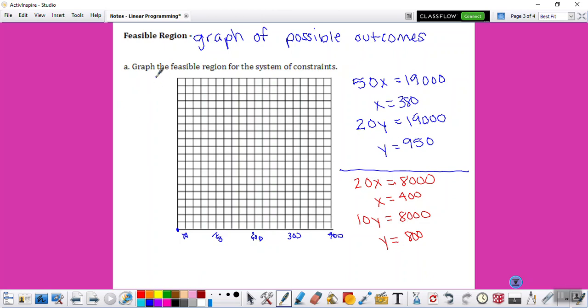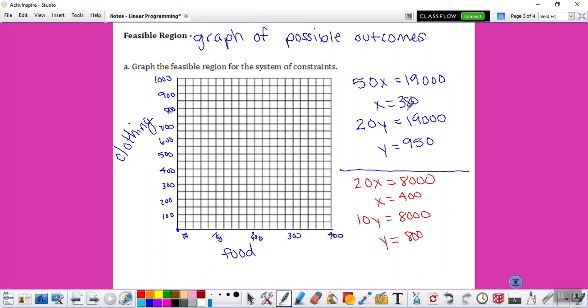I'm going to round up to 1,000 because there's 20 boxes. And I'm going to count by 50s, which means every 2 boxes is 100. And then my x-axis is representing the food containers, and my y-axis is representing the clothing containers.